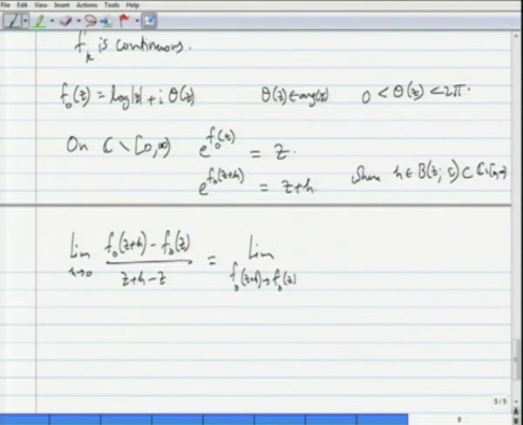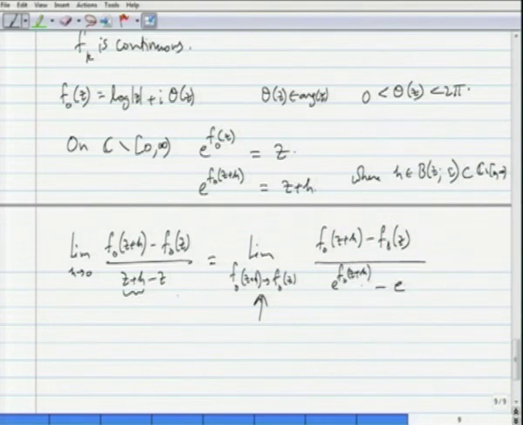That is true because f_0 is continuous, so we are using the continuity of f_0 here. The numerator is f_0 of z plus h minus f_0 of z, divided by z plus h written as e to the power f_0 of z plus h, minus z written as e to the power f_0 of z.